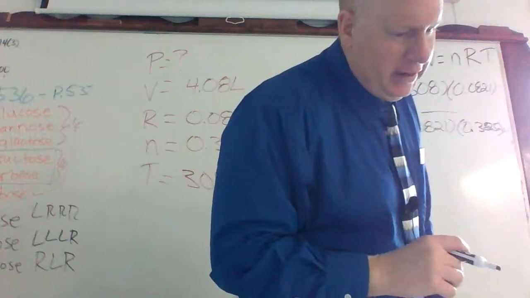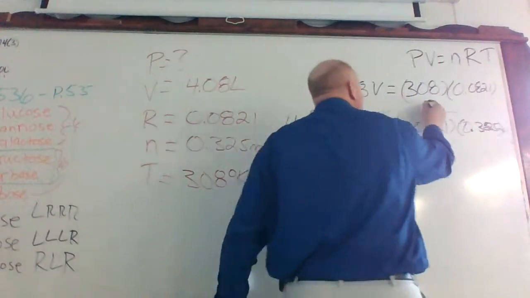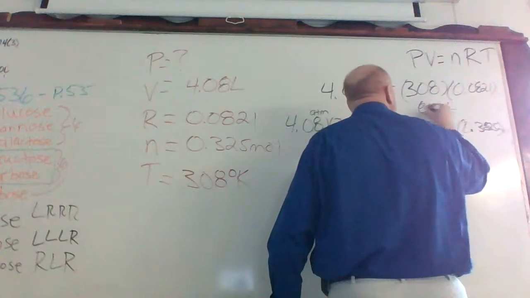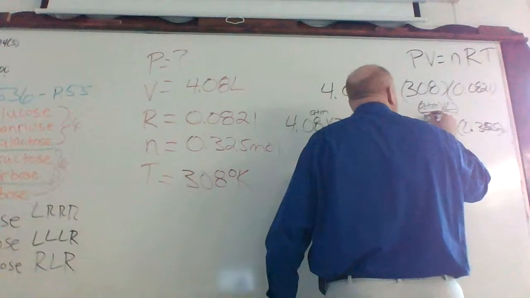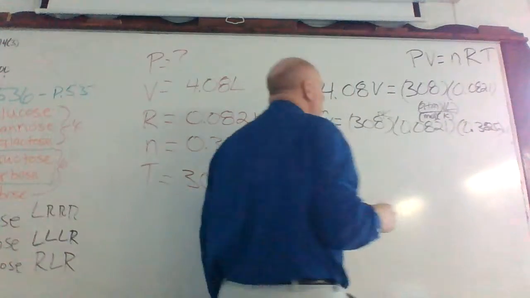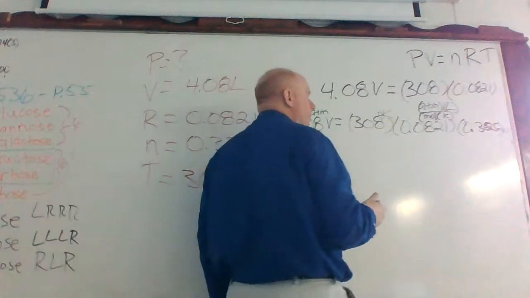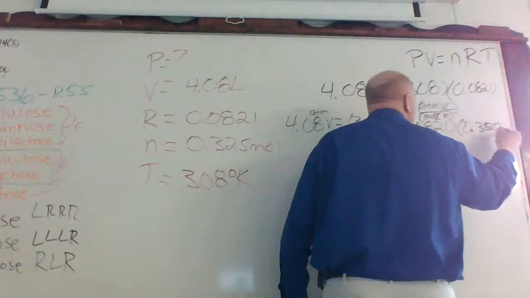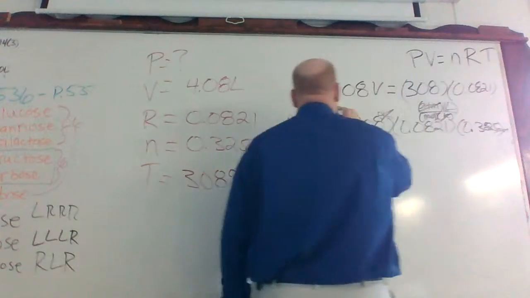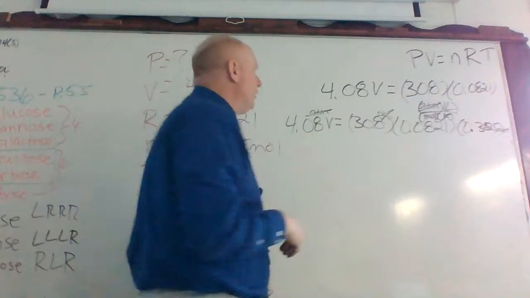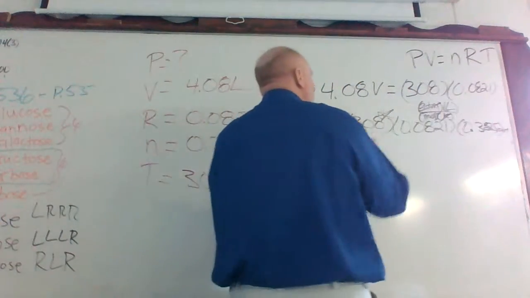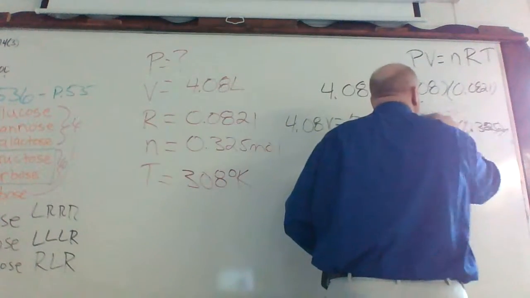The liters are on top, kelvins on the bottom, as atmospheres and liters and moles and kelvins. Typically, with your algebraic skills, that cancels that one, that cancels that one, and this one is canceled by that one, and all you're left with is liters. So that's why we're not too concerned about all the labels.